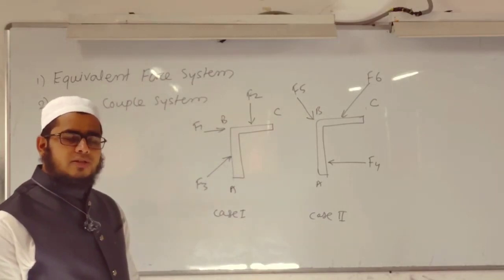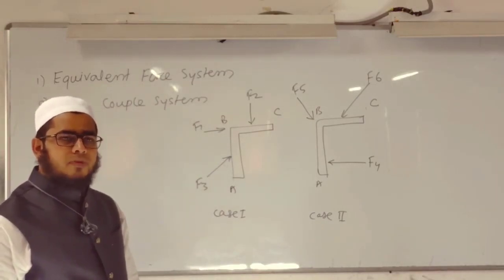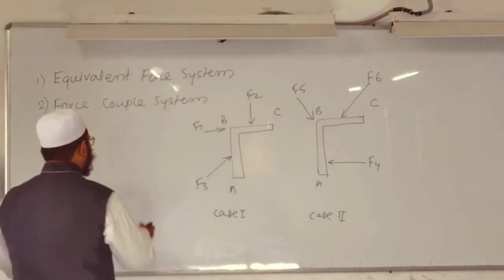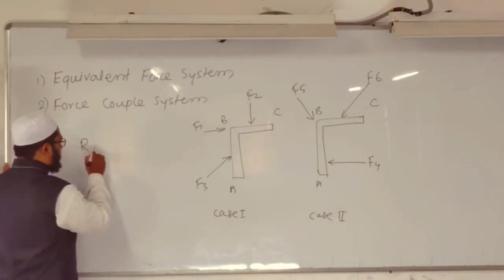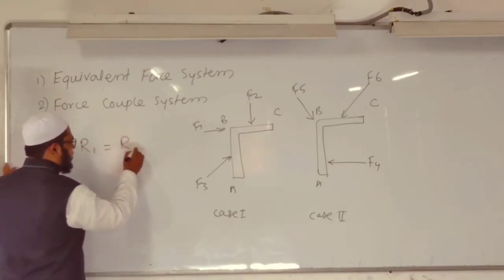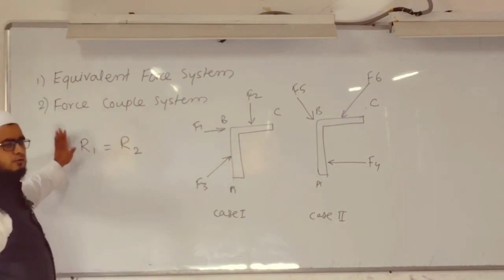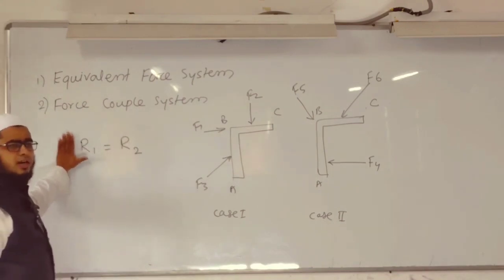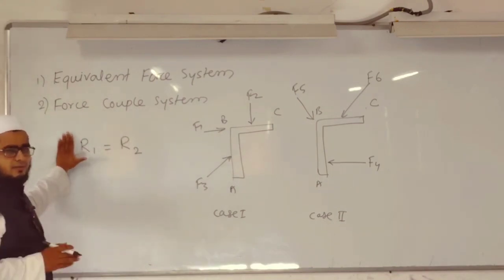The two force systems are said to be equivalent to each other whenever the resultant of the first force system is equal to the resultant of the second force system, not only in magnitude but also in direction.